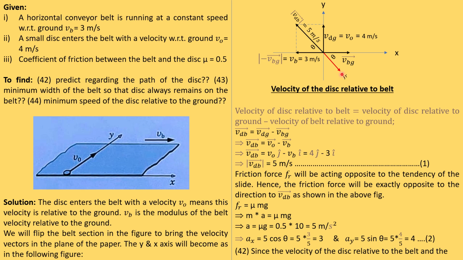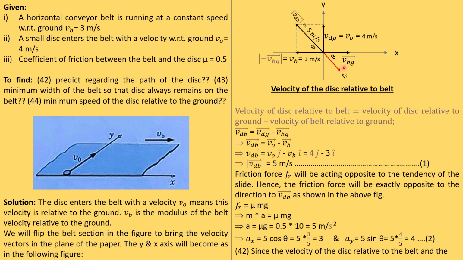The disk is being pulled downward by the gravitational force mg, so the normal reaction will be exactly opposite and equal to it. So from here we can get the acceleration, because the force is in this direction, so acceleration of the disk will be in this direction. It is moving in this direction and acceleration is in this direction, so we can say it is a deceleration.